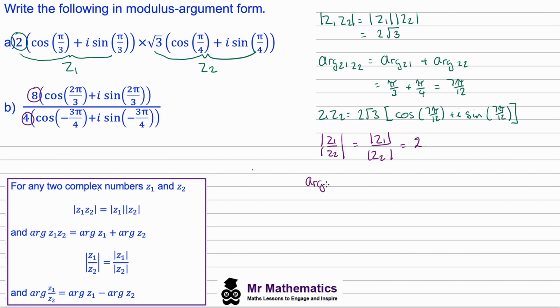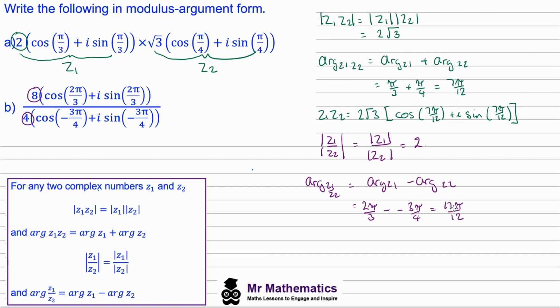And the argument of z1 over z2 will be the argument of z1 minus the argument of z2. So this will be 2 pi over 3 minus negative 3 pi over 4. These two negatives will make a positive. So when you add 2 pi over 3 to 3 pi over 4, we get 17 pi over 12.